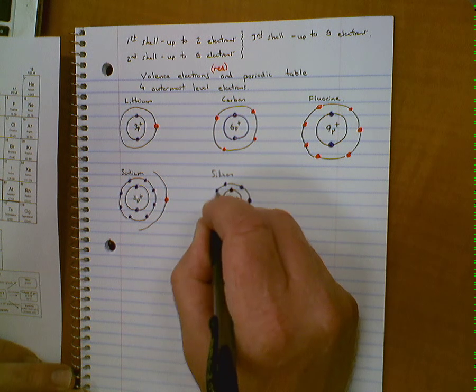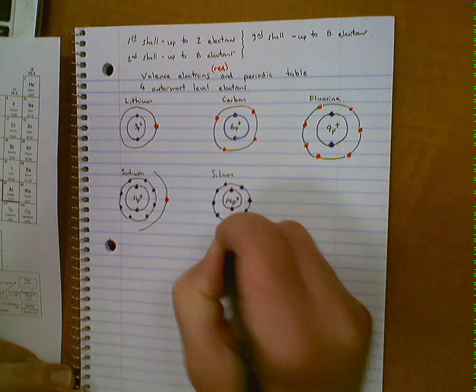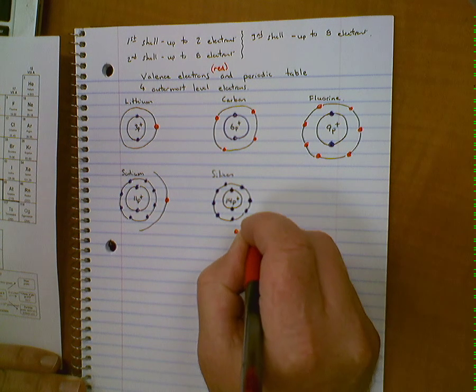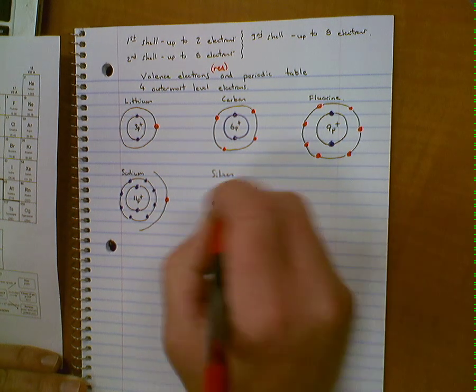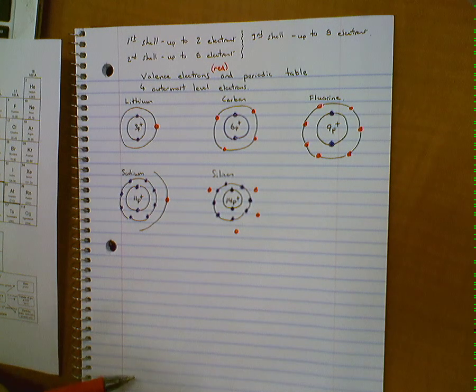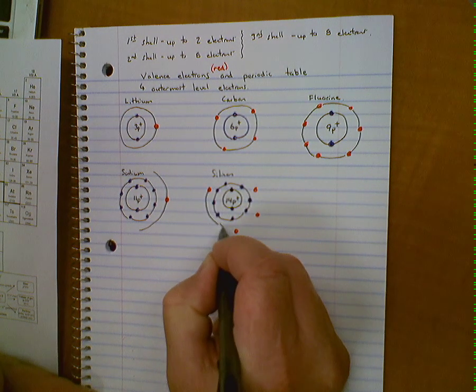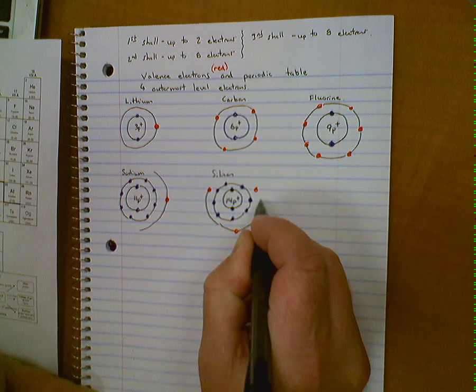So that gets us to 10 electrons. We have 4 more to do, and not surprisingly, we're going to put 4 electrons in the third energy level. Should have spaced those out a little better, but for the sake of notes, that's going to be all right.